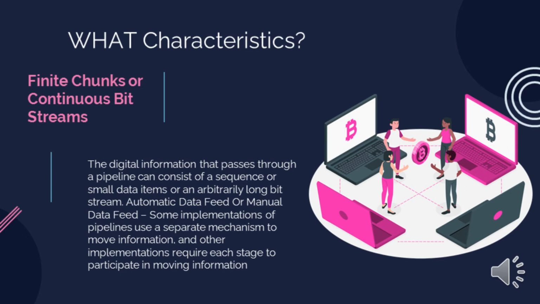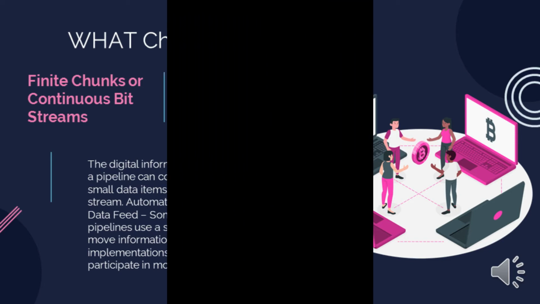Automatic data feed or manual data feed. Some implementations of pipelines use a separate mechanism to move information forward, and other implementations require each stage to participate in moving information.